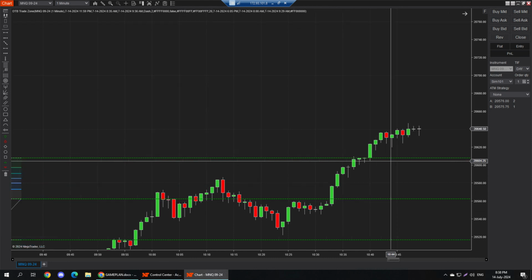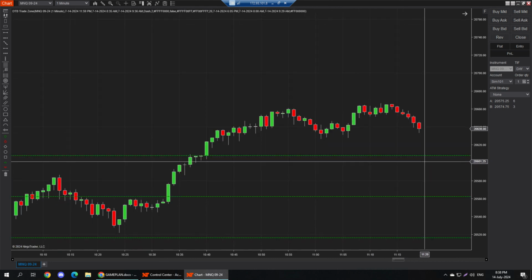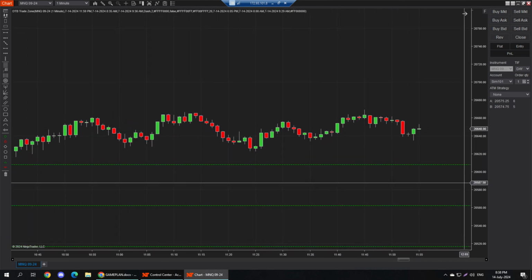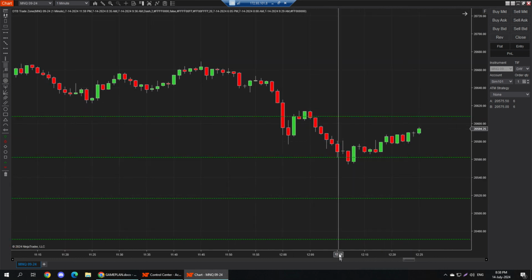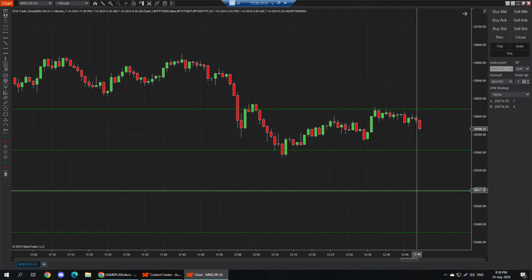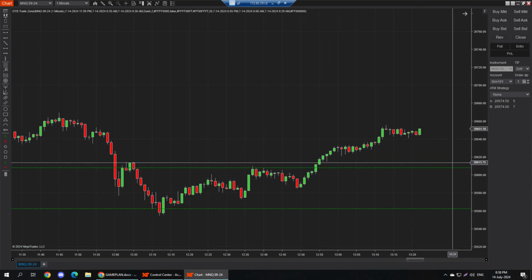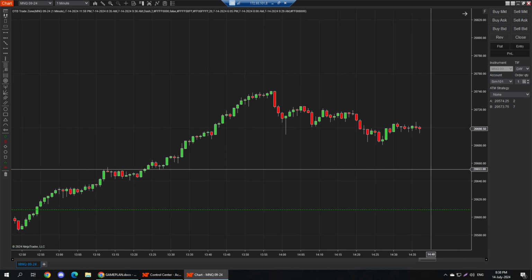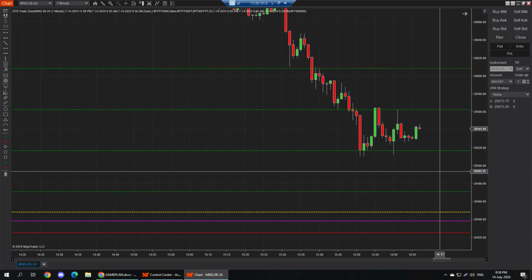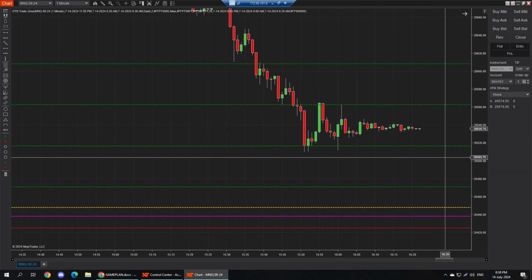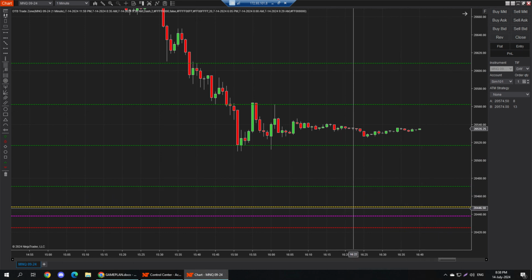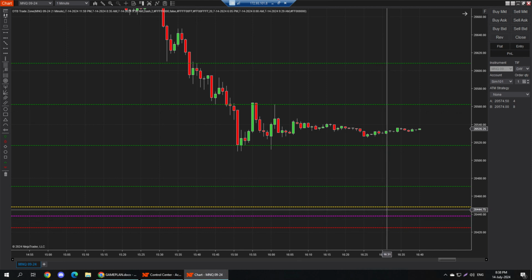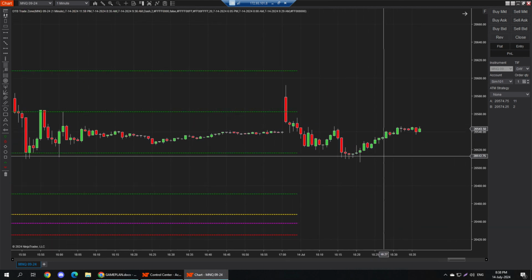You'll see that those levels seem to come into play later. That's the continuation of it. That's the continuation of it. And there it shot up like crazy. So it's coming back within those levels. Like I said, you could draw lines wherever you want on your chart, but we know that this was the zone of that 9:30.